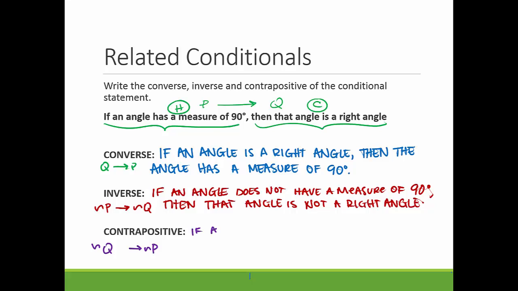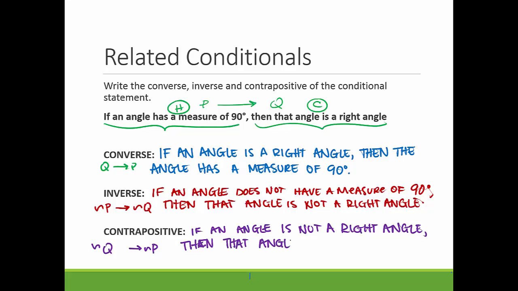So if an angle is not a right angle, then that angle does not have a measure of 90 degrees.